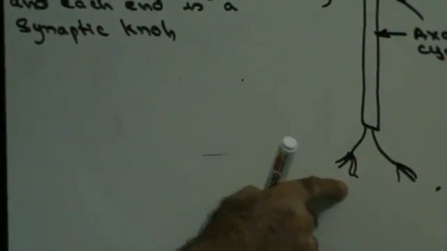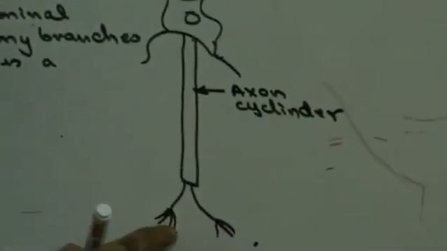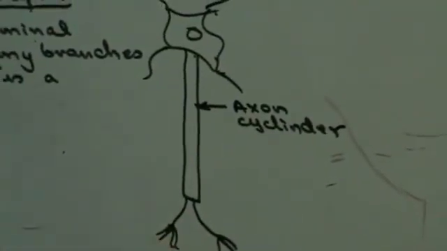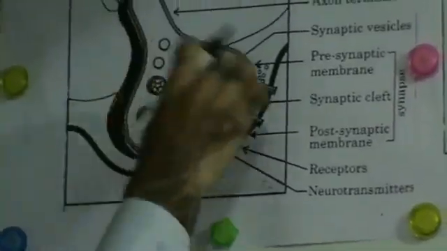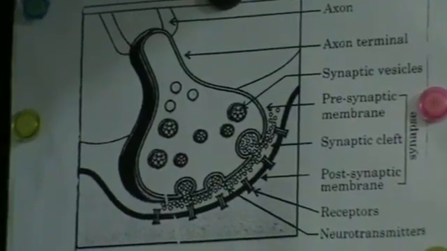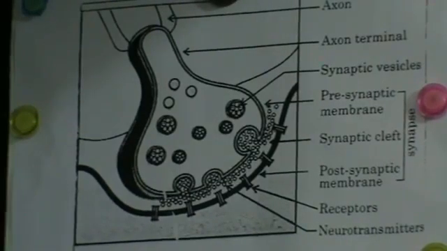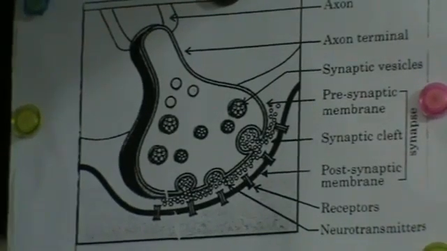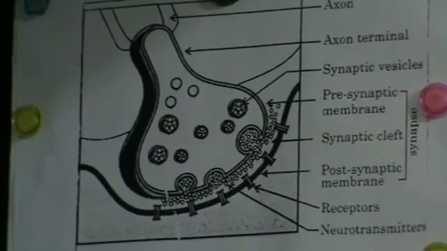Now I will show you a magnified version of this synaptic knob. This is my impulse that is going to be transmitted to the branches. That end of this branch, the magnified version, is this. This is my synaptic knob. So the axon terminal would divide into many branches, and each branch end is called a synaptic knob.